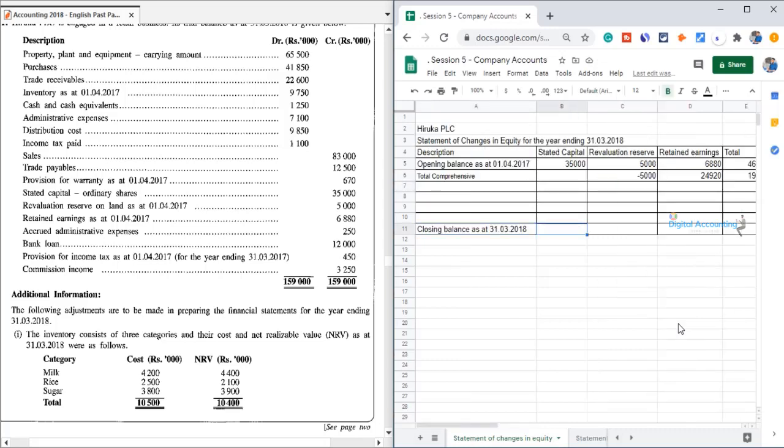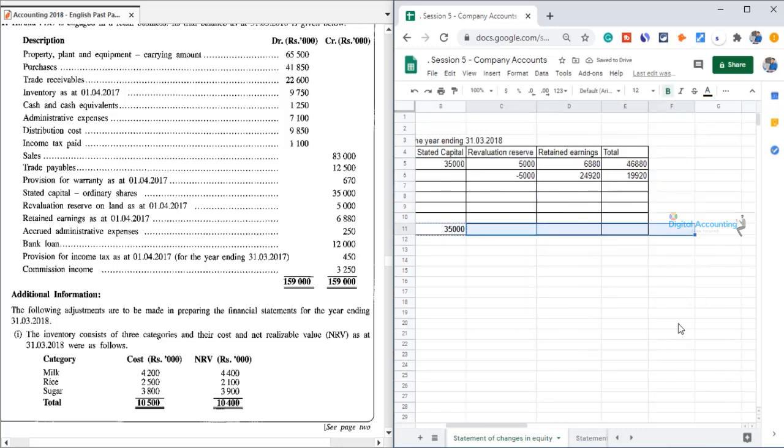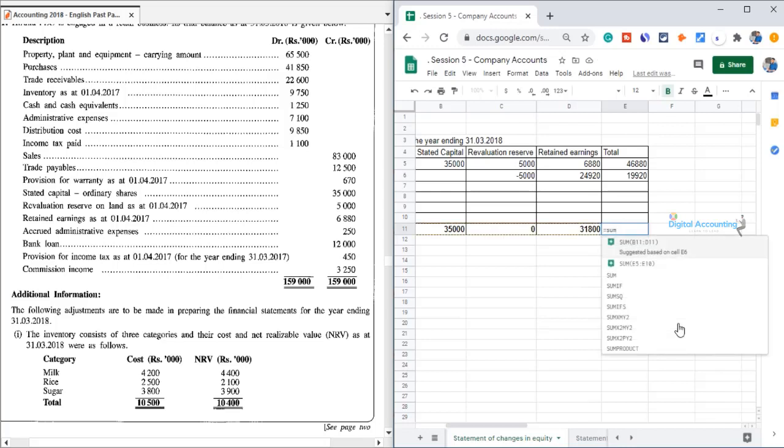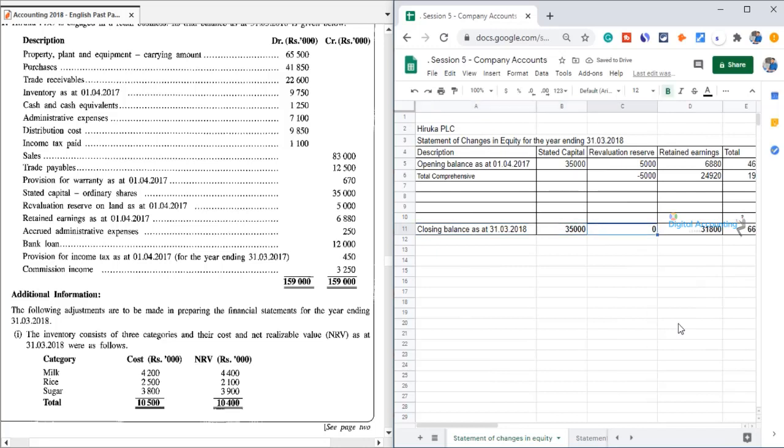So now we can get the closing balance of each. 66,800. So these balances will go to the balance sheet equity part.